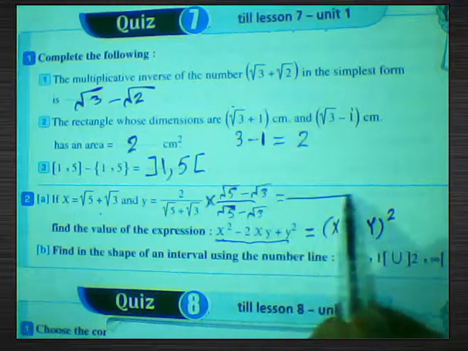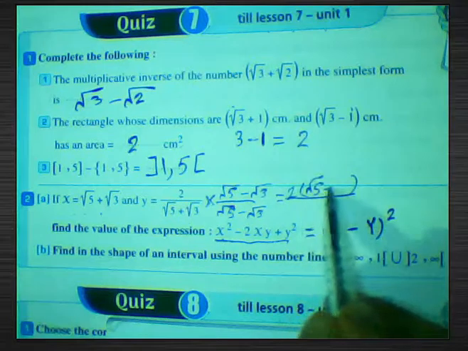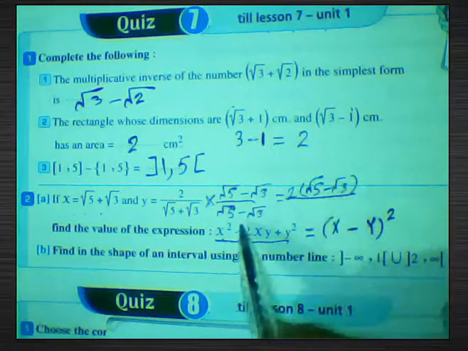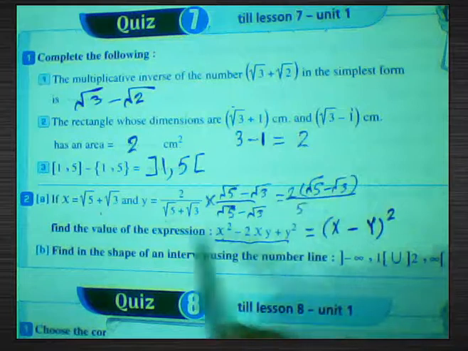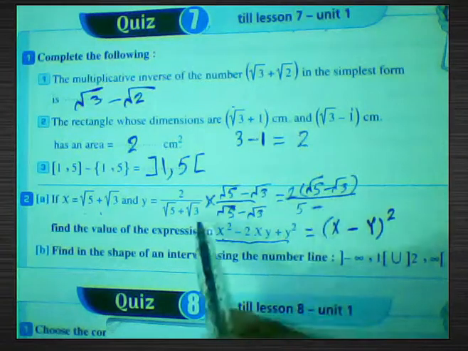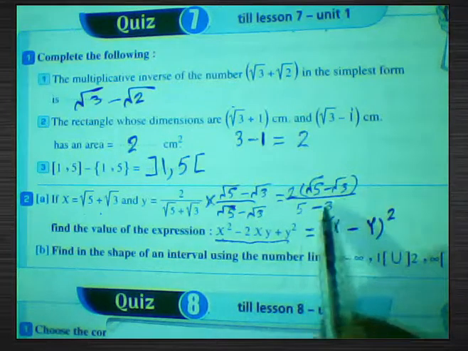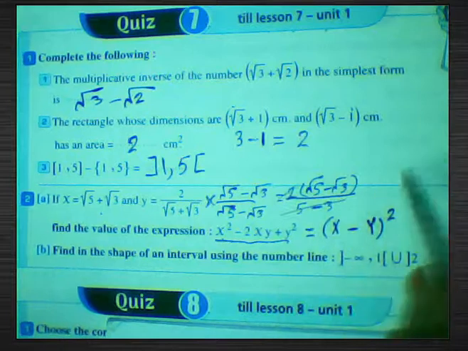So we get 2 multiply square root of 5 subtract square root of 3 over 5, because square root of 5 times square root of 5 equals 5, subtract square root of 3 times square root of 3 equals 3, 5 minus 3 equals 2, and we cancel it.